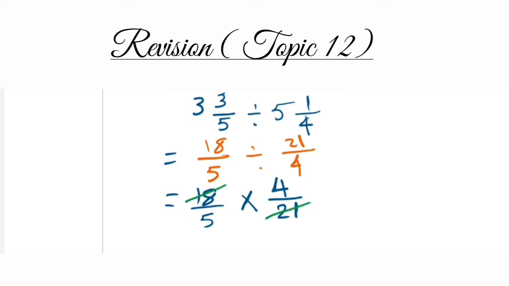These two numbers are divisible by 3. So 18 divided by 3 is 6, and 21 divided by 3 is 7. Now multiply. 6 by 4, 24. 5 by 7 is 35. So the answer is 24 over 35.